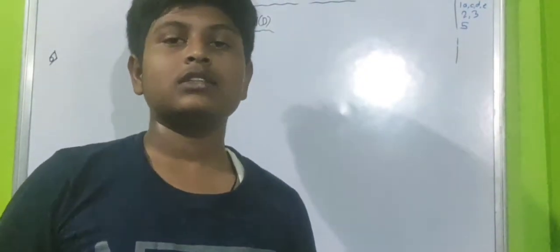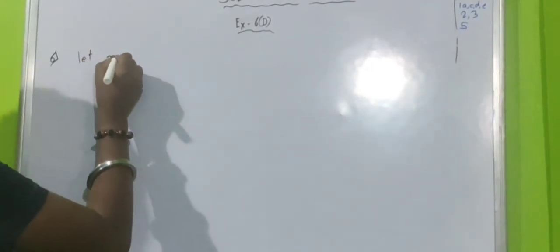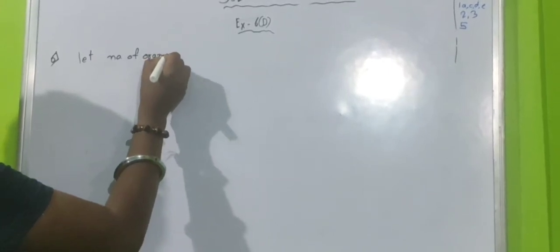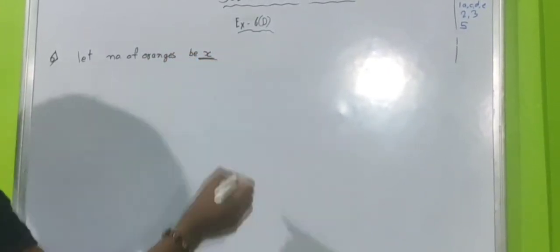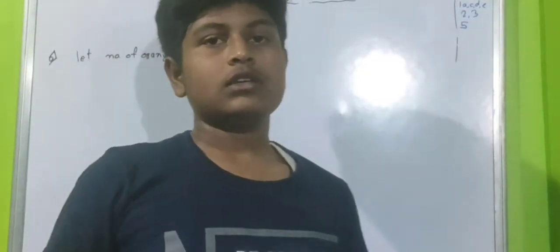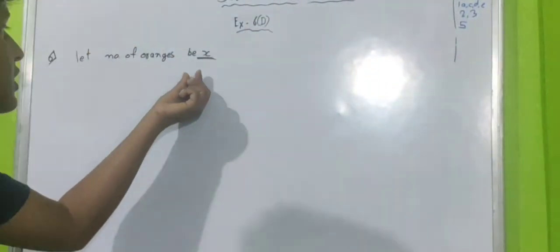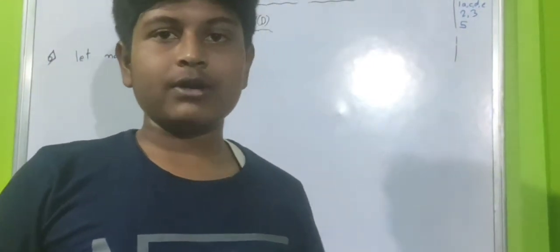In the question it is written that we have to let the number of oranges be x. But some of you may not read that it is the number of oranges which Mr. Mehra receives, not the total which the servant buys.